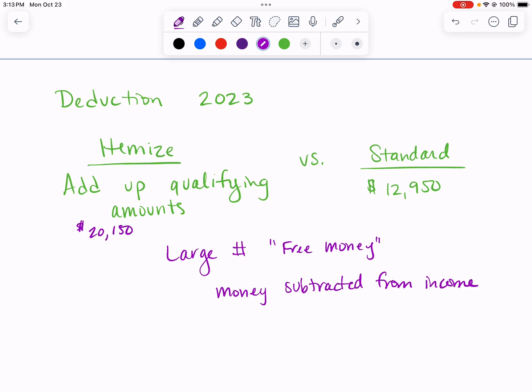Well, when you compare these two, would you want to reduce your income by $20,150 in regards to reporting it to the government, or do you want to reduce it by $12,950? Hopefully, most of you are like, oh, I'd want to report that I made less money because then I would pay less taxes. Right, that's exactly how everyone would think.